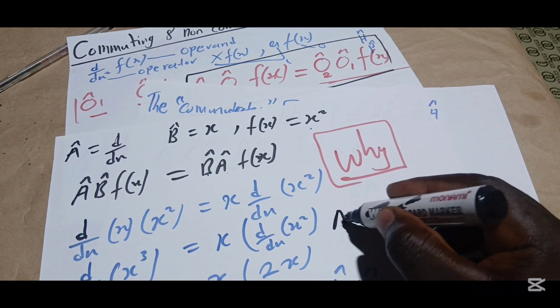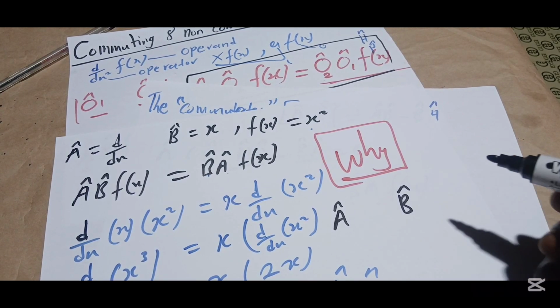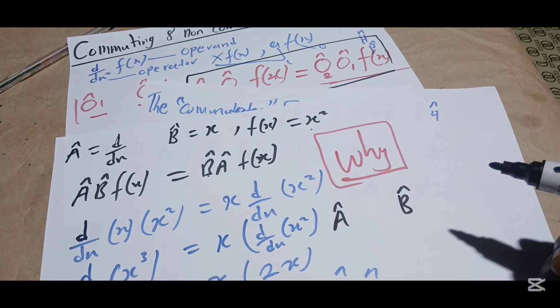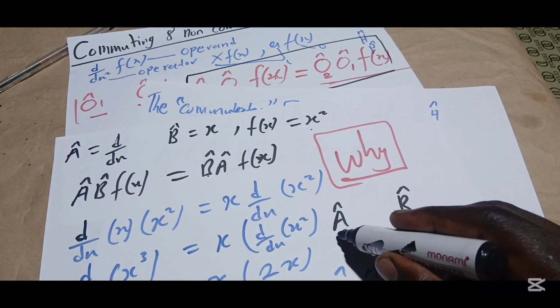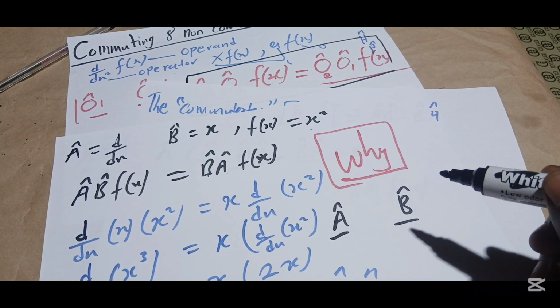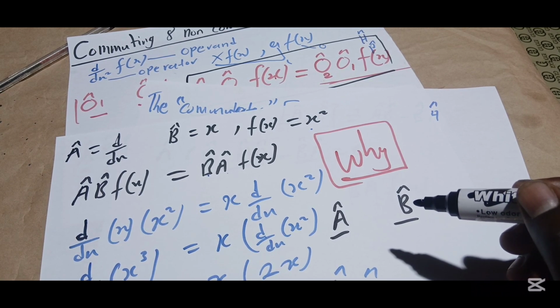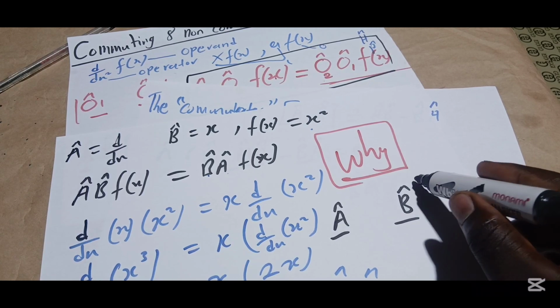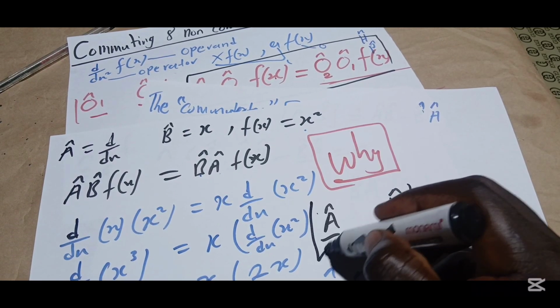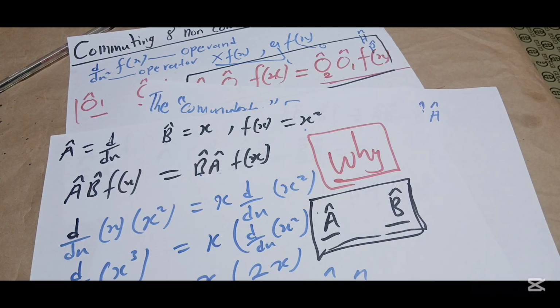Let's say one measurement is represented by operator A and the other by operator B. Before you are able to make two measurements simultaneously, the operators representing them must commute. If they do commute, it means your measurement is going to be possible. So this is what you should check if you want to make two measurements simultaneously on a quantum system.